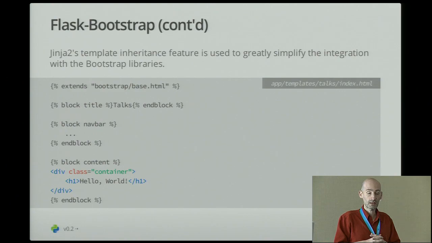If you're familiar with class inheritance in code, this is exactly the same. You can have a base template, and then a derived template that inherits from the base template. The base template comes from the extension, and what you see here is the derived template.